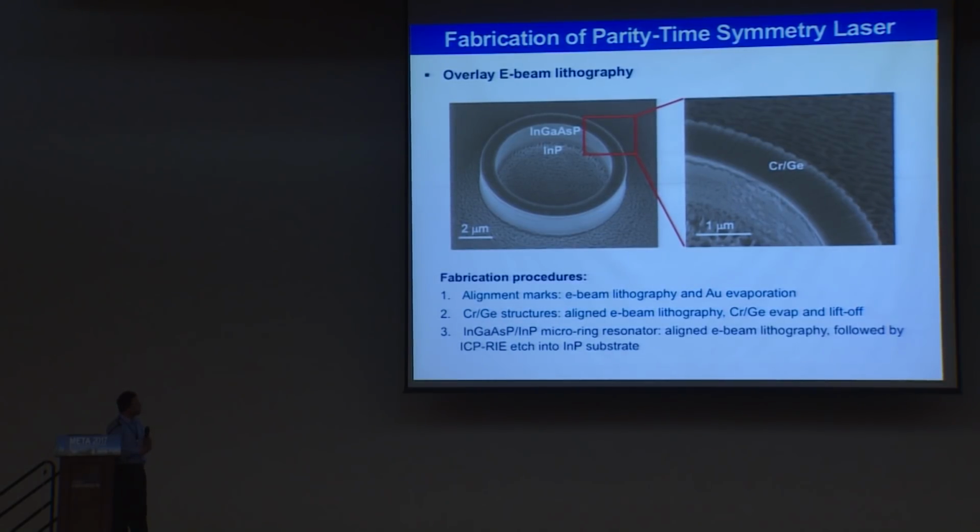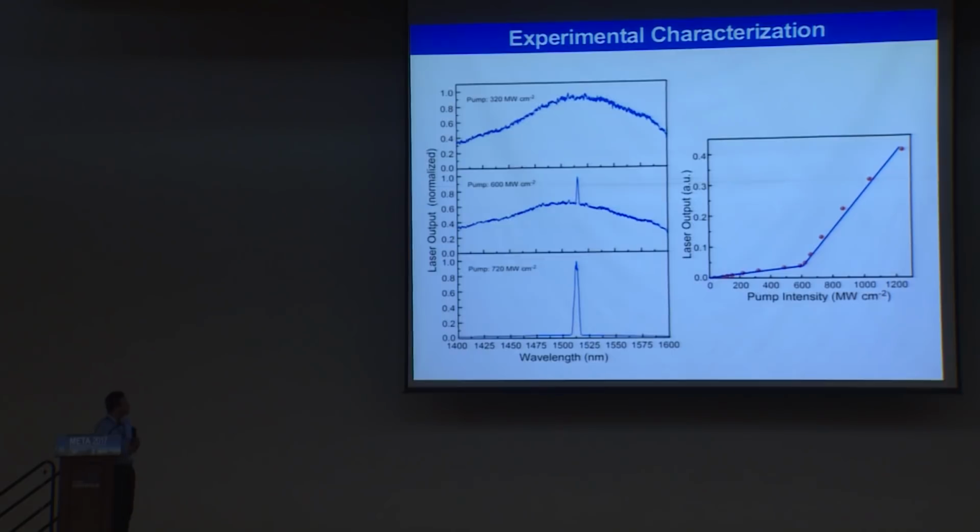Each of them is about 10 nanometers. Again, the germanium's role is to compensate the potential change of the real index of the gain part because you introduce the loss. Alignment is quite essential; we have to control the precision to within about 10 nanometers with E-beam lithography.